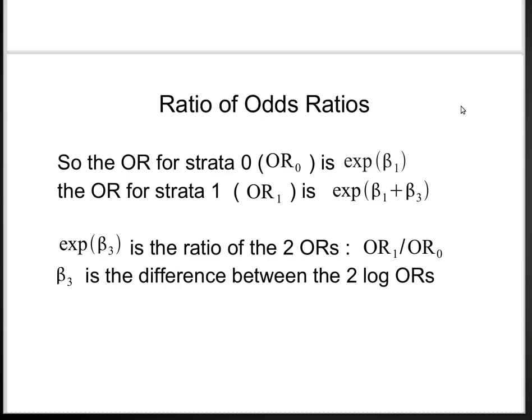It's a little bit technical here, a bit confusing maybe. Hope not. But if you take the ratio of OR1 to OR0, the only thing that survives is the exponent of beta 3. On the other hand, we can now see that beta 3 is the difference between two log odds ratios. Wow. The difference between two log odds ratios.